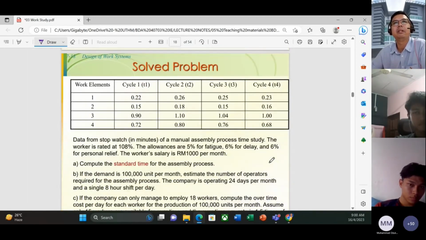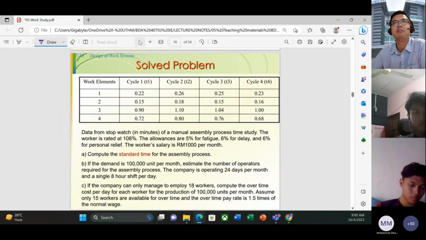And this is another example. I'm not touching on the detail; later on you can look at them one by one. This is a problem I give to you, for example A, B and C. Please look carefully at the question.